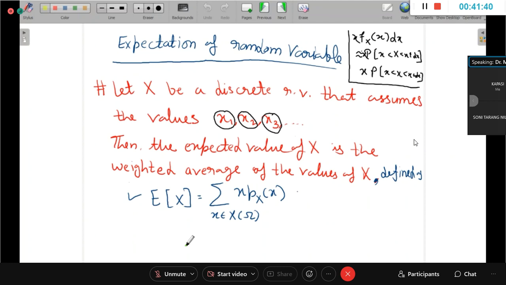Suppose you toss a coin 5 times and note down all the outcomes. It may be T, H, H, T, T. You are repeating that experiment, let's say 10 times. X will denote the number of heads in each experiment, and you can associate the probabilities and so on.